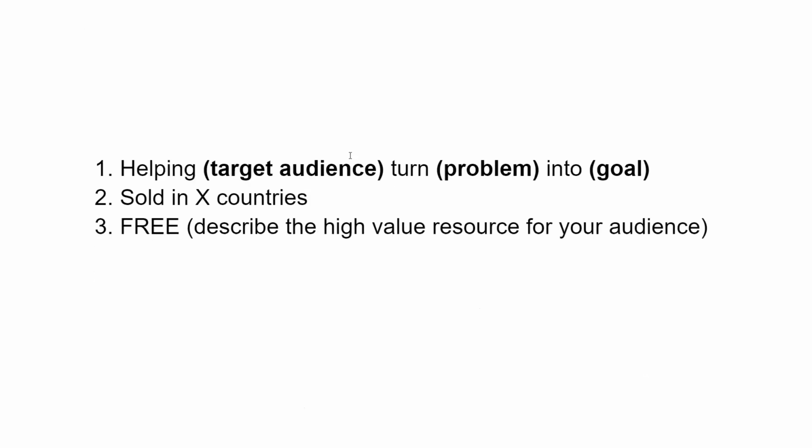So this will apply to anyone who's a service-based business, a coach, or a content creator. But for those of you who are product creators and create physical products, you might need a different type of bio. So I've got that type of bio here.